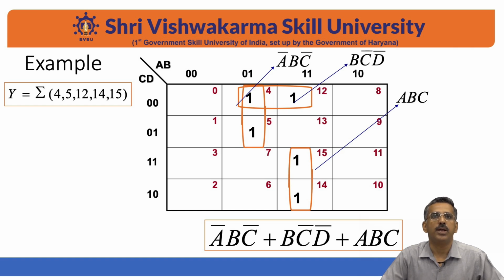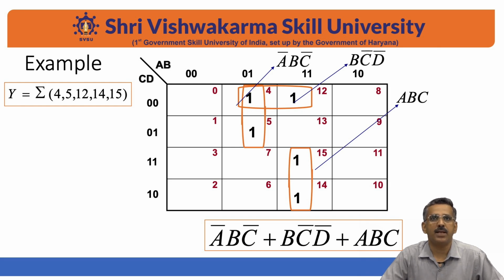Now let us see the expression for the third group. In this third group, we are looking the value of A and B is unchanged. The value of A and B is 0, 1. It is not changing. While the value of D is changing from 0 to 1, so we will ignore the variable D because it is changing from 0 to 1, while the value of C is 0.